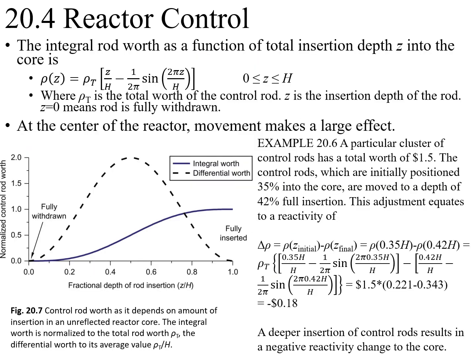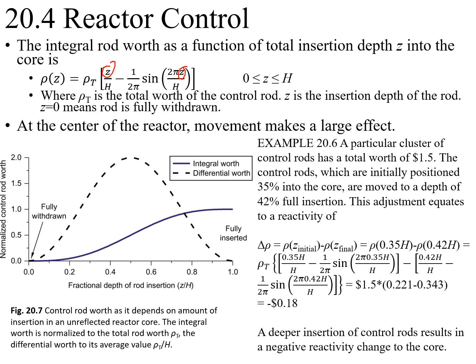The negative reactivity inserted to the core, or the integral control rod worth, can be calculated by this formula. And this formula is a function of the insertion depth Z only. You can see that you have your variable Z here and also your variable Z here. This rho_T is the total worth of this control rod, meaning what will be the total reactivity insertion if you insert this control rod fully into the core.